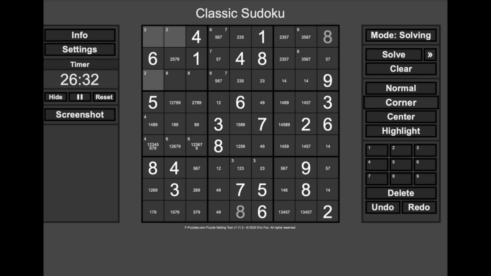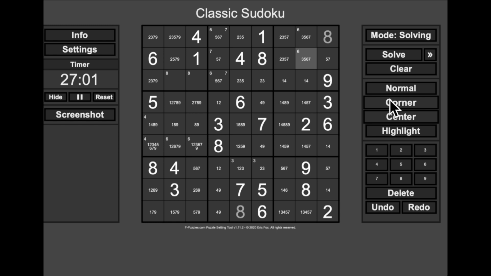This is now 2. Whoops. 2, 3, 5, 7, or 9. Now, that's not 5, neither is that. Let's see.